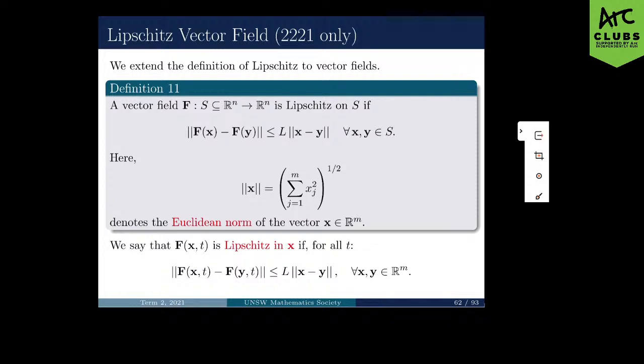And it's pretty much the exact same definition, except here we don't have x(t) minus y(t). But this should be pretty intuitive anyway, because the Euclidean norm of x(t) minus y(t) is actually the same as this because the t's just get cancelled out.